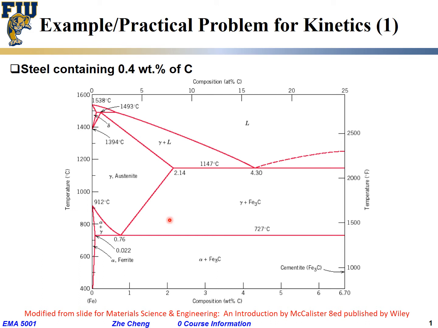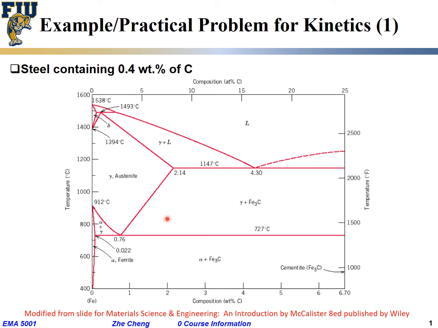The gamma phase or the iron 3C phase? Well, that's what your lever rule taught, right? The lever rule tells you it's by the ratio of the left arm versus the right arm.